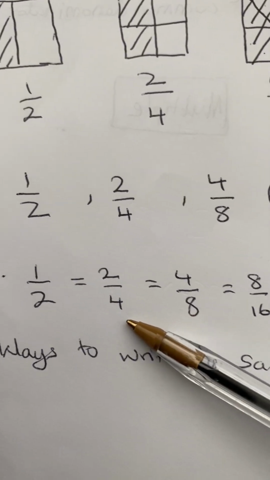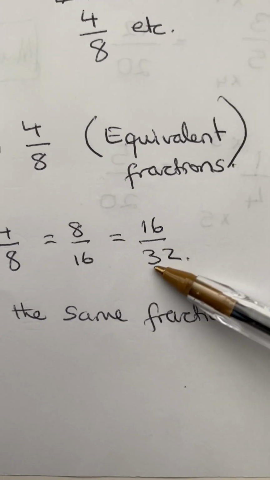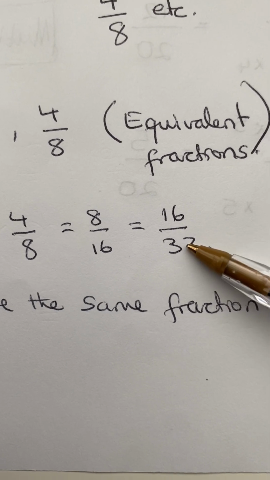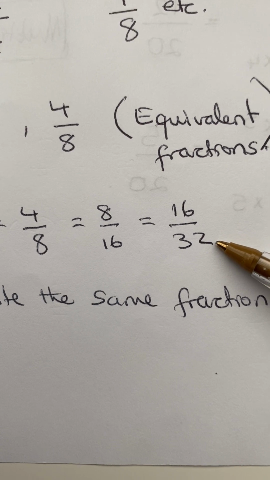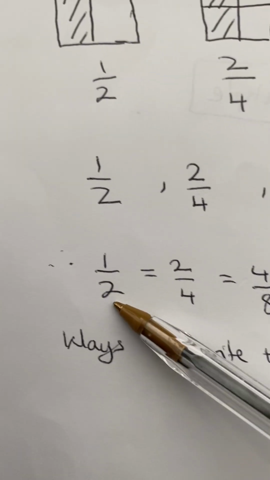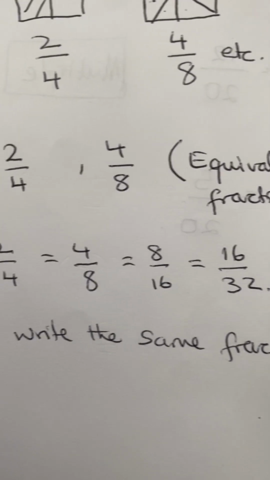As we increase the multiples, they are different numbers at the numerator and the denominator, but all of them have half as their lowest form.